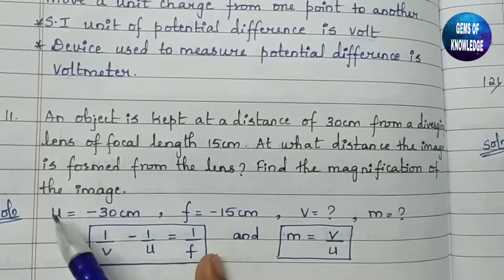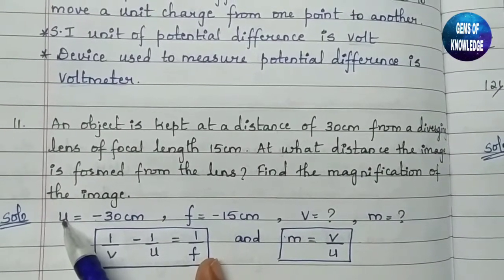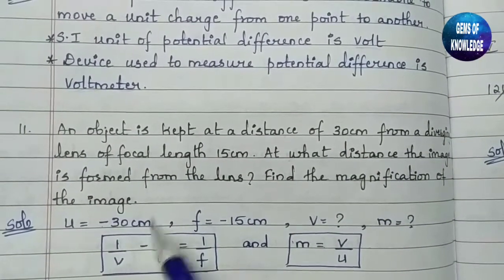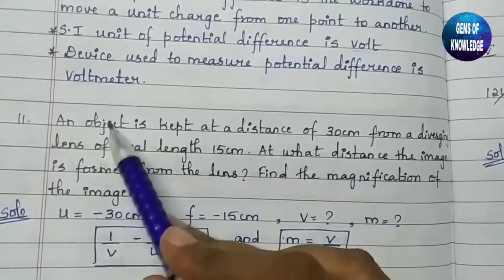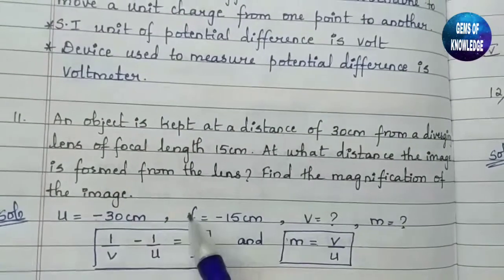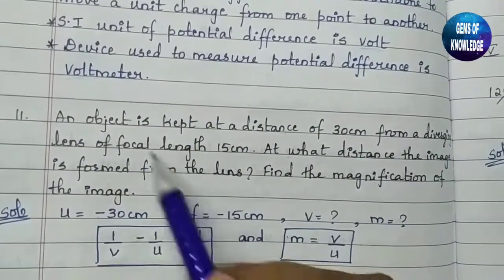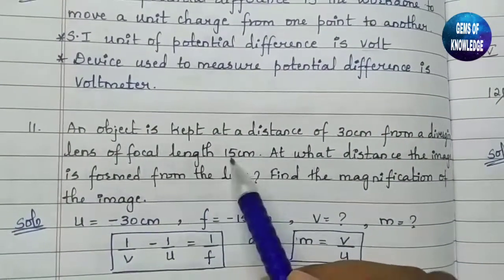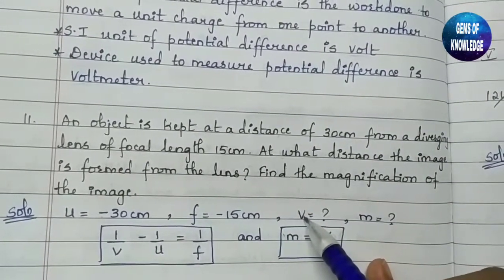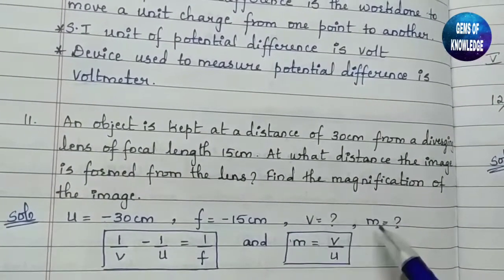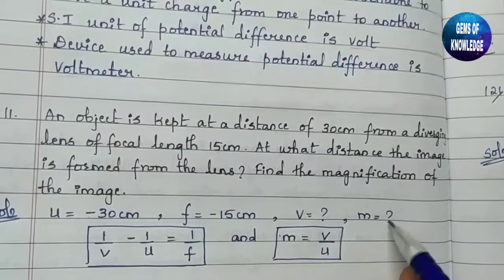So here basically the given things are u equals minus 30 centimeter, that is the object distance is 30 centimeter, and the focal length is 15 centimeter. We need to find the image distance, that is v equals question mark, and the magnification, that is question mark.